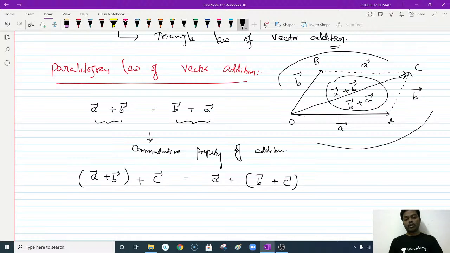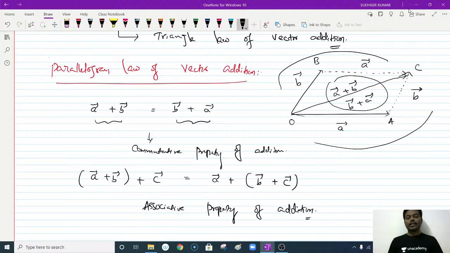So this is called the associative property of addition. So this is about a brief introduction of vectors and addition of vectors.